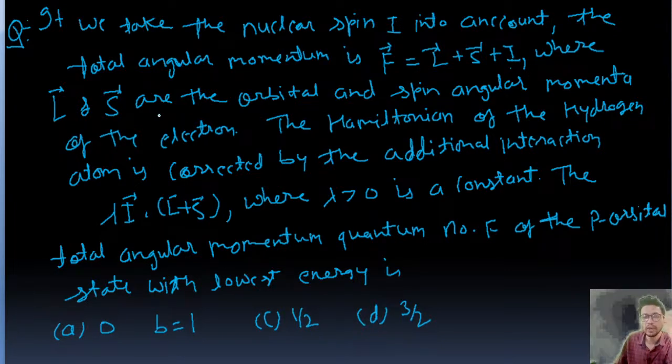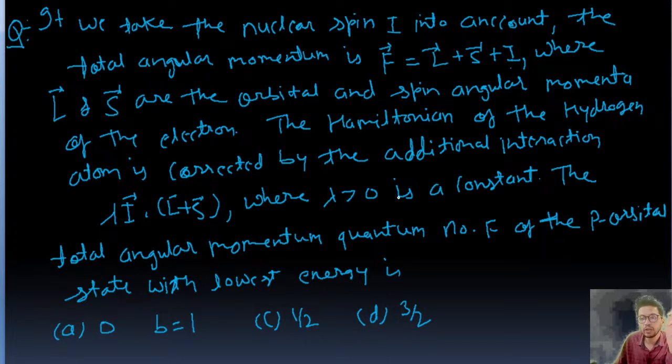Where L and S are the orbital and spin angular momenta of the electron. The Hamiltonian of the hydrogen atom is corrected by the additional interaction lambda I dot (L plus S), where lambda is greater than 0 and is a constant.